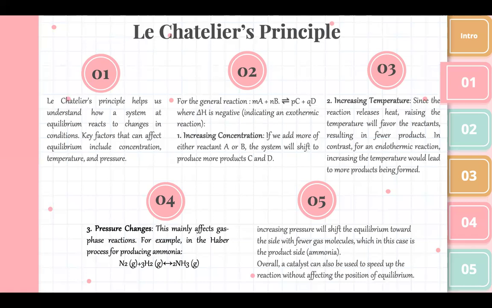Increasing pressure will shift the equilibrium towards the side with fewer gas molecules, which in this case is the product side, ammonia. Overall, a catalyst can also be used to speed up the reaction without affecting the position of equilibrium.